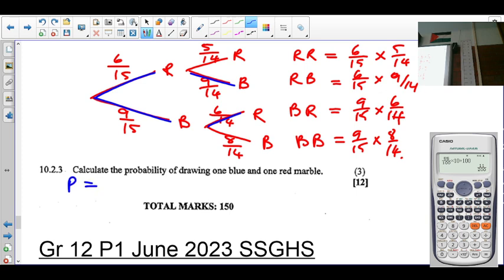So the probability is going to be 6 over 15 multiplied by 9 over 14 plus 9 over 15 times 6 over 14.